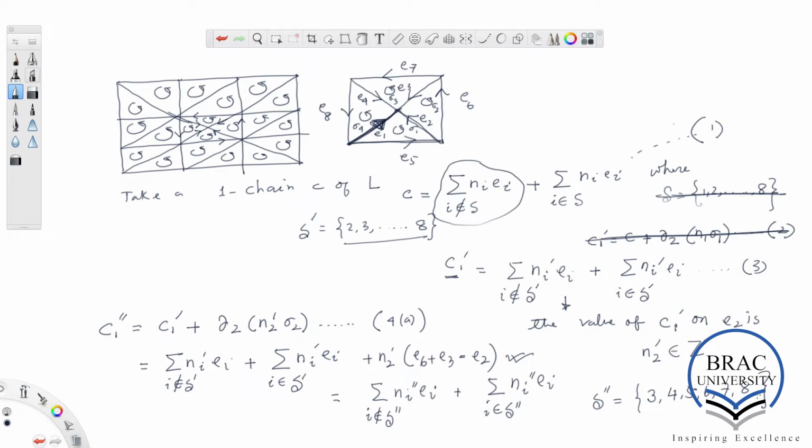Okay, so this way you further push the one chain off the edge E2. All right, good. So this new expression is equation number 4.